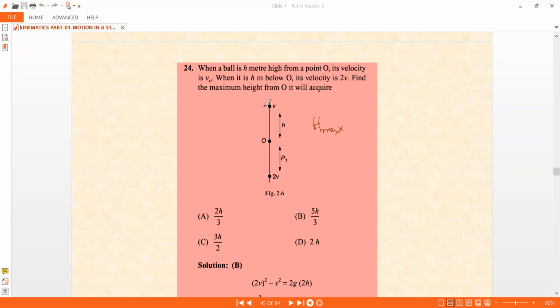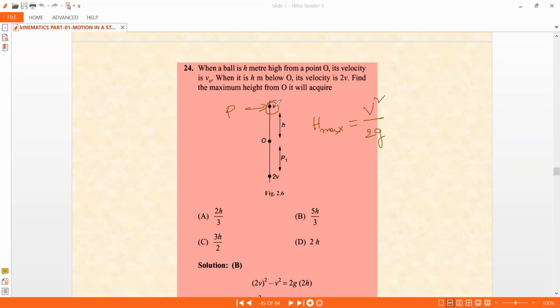That maximum height h max from this point, let us say this is some point P, will be, if v is the velocity, v square by 2g. So h max is v square by 2g if you have the velocity v at that particular point.